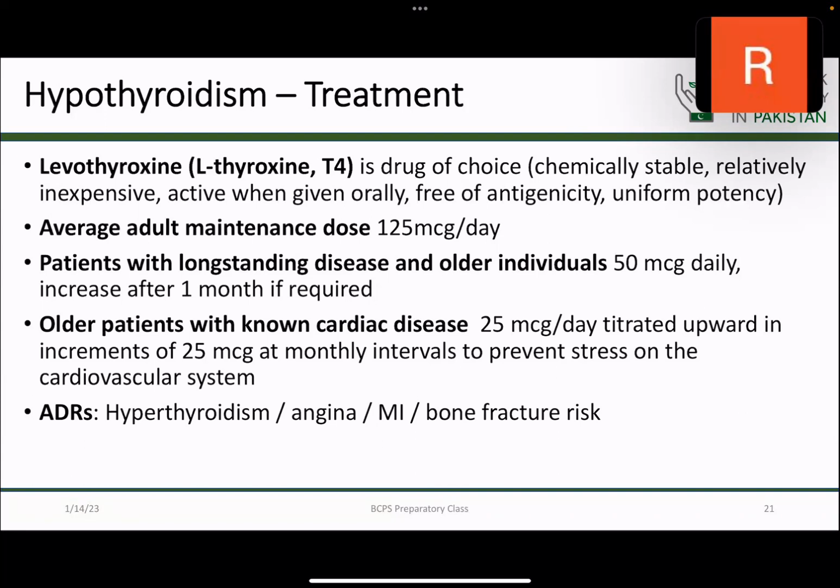That's why in adverse effects you can see angina, myocardial infarction, and hyperthyroidism, because this can push the patient into a hyperthyroid state as you are giving T4. If you give too much T4, the patient will definitely go into a hyperthyroid state and experience the same signs and symptoms.